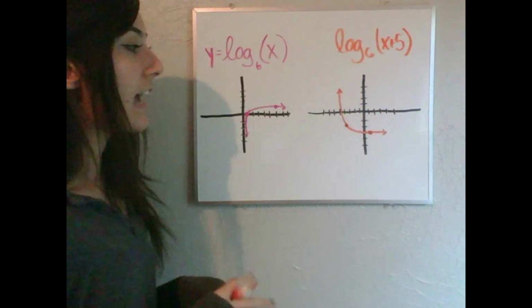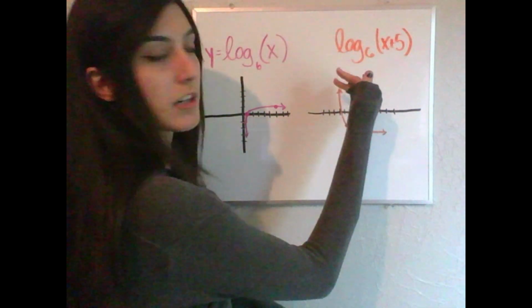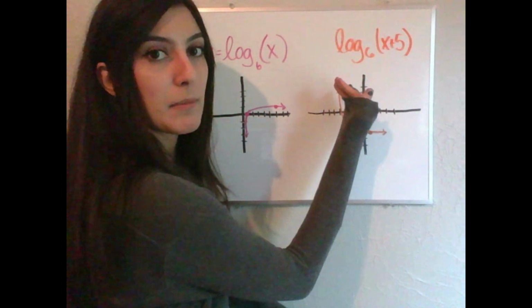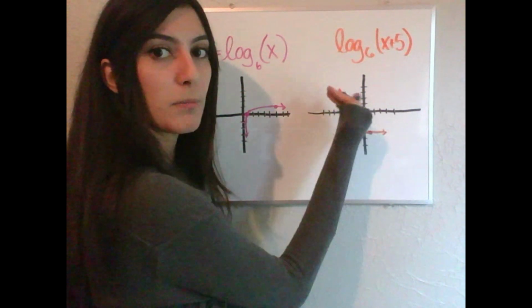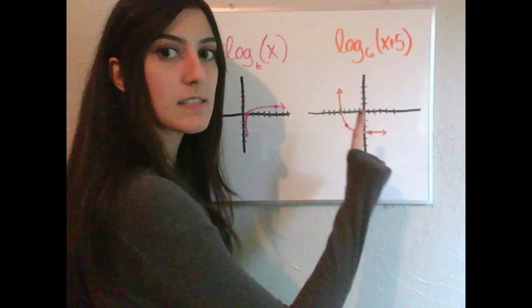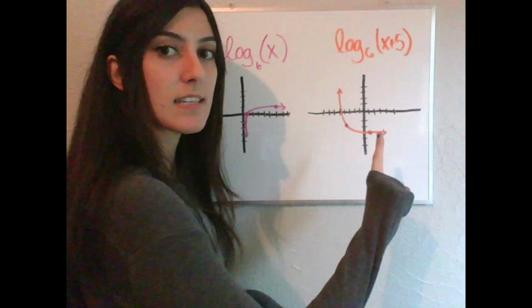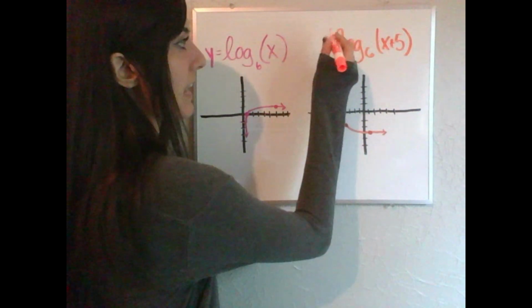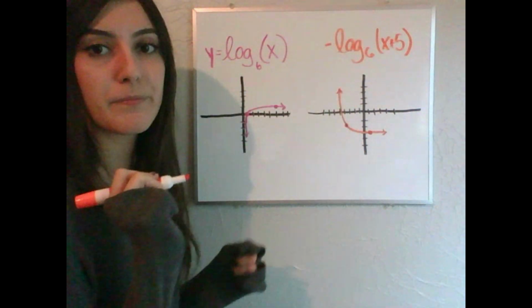All right, I also notice that my curve has kind of a negative slope now. As my x increases, my y is now decreasing, telling me that there's a negative out front.